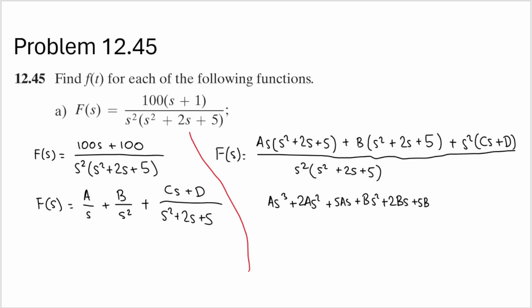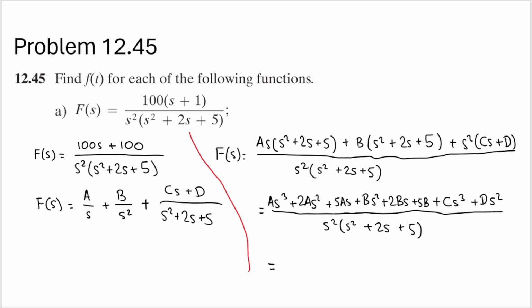And then we will have plus, this one will be C s to the third power plus D s squared. And all of that will be divided by s squared and then (s squared plus 2s plus 5).